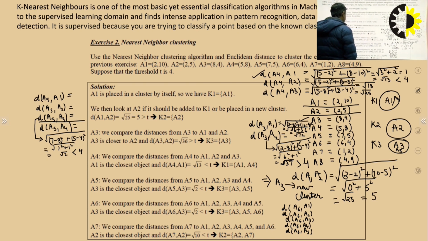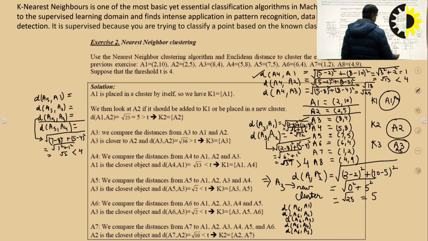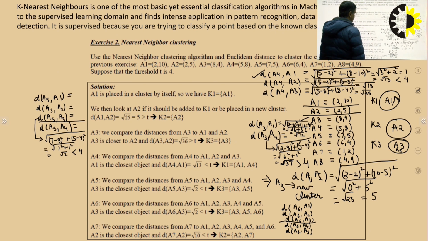When we calculate these 5 Euclidean distances for the point A6, we will find that A6 is closest to point A3. So the distance between A6 and A3 is the shortest. Because of that, A3's cluster is a possible candidate cluster for the new point A6.